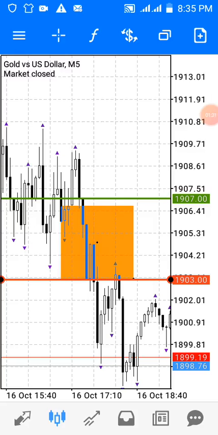So the essence of the edge trade is to cover for the loss. Now we are covering for the loss 3 times, and that's the reason why we are using 0.03 lot size as against the initial 0.01, which is now in loss of minus $4.